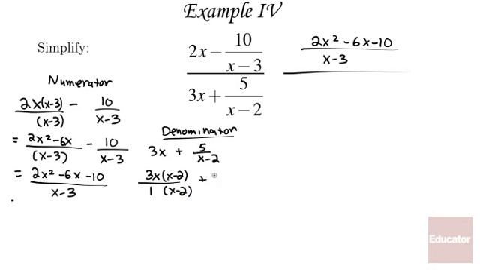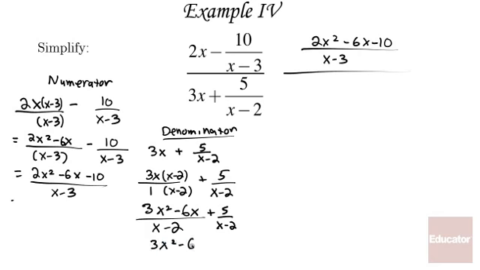When I do that, I'm going to end up with two rational expressions that I need to add, and they're going to have the same denominator. 3x times x is 3x squared. 3x times negative 2 is negative 6x over x minus 2 plus 5 over x minus 2. Okay, now that I've done that, I can add, because I have a common denominator: 3x squared minus 6x plus 5 all over x minus 2.